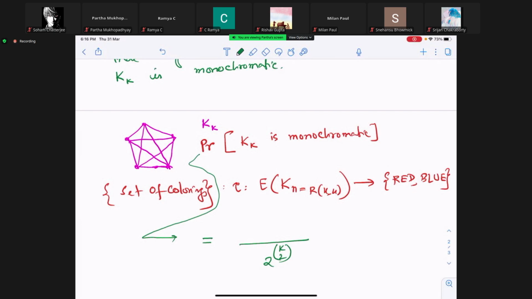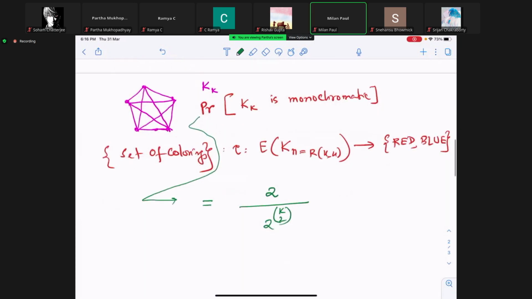And to make it monochromatic, it could be either red or blue. So this is the probability that one K_k is monochromatic. Is it clear? Yes, sir. Okay, it's very easy.